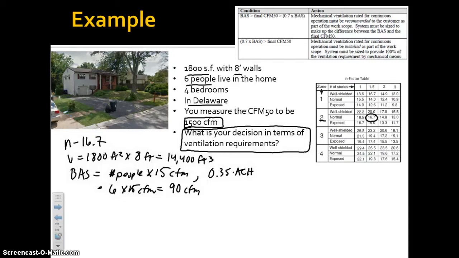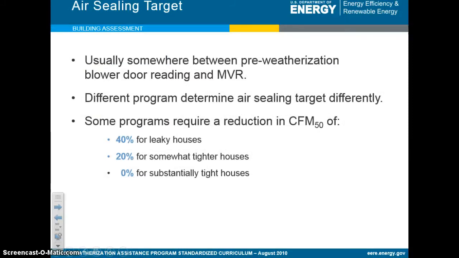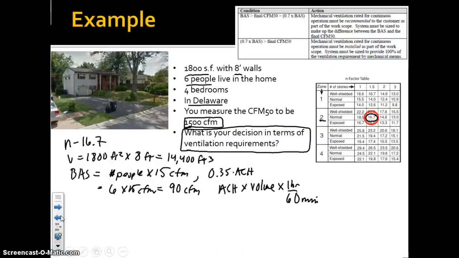So our ACH calculation is ACH times the volume, divided by 60 minutes in an hour. Sorry about that.